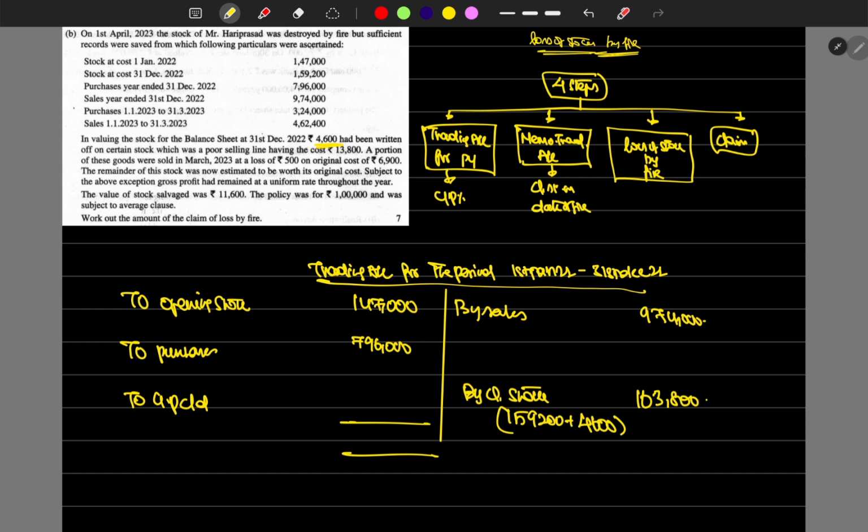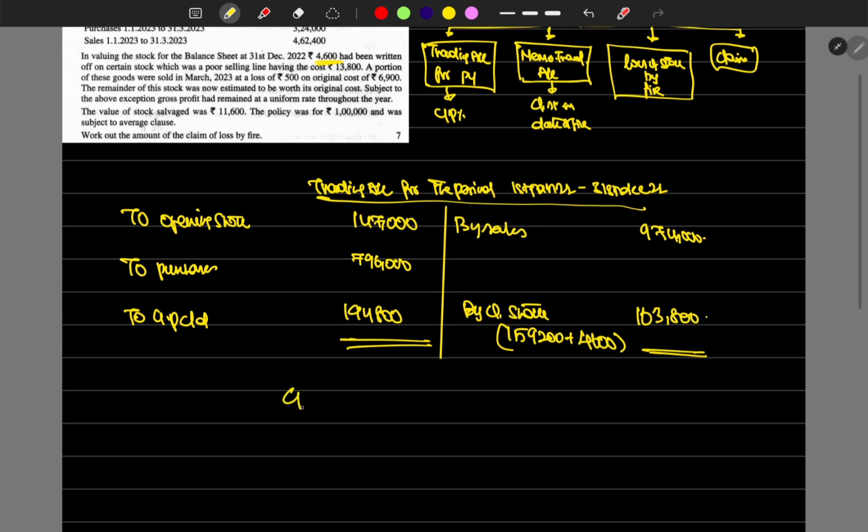Okay, when we calculate the GP, what's the GP? 147 plus 796 minus 974 minus 160. Okay, 1,94,800 is the GP. Okay, so GP ratio, which is GP percentage, is GP by sales into 100.